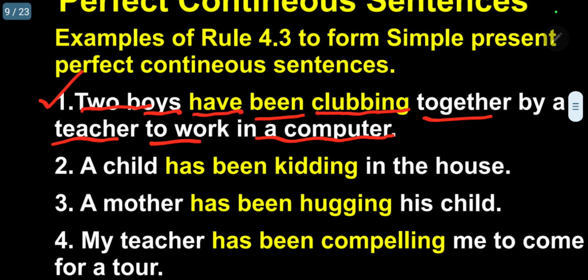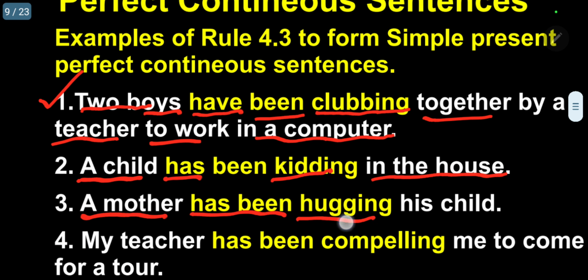In the same way, a child, singular, so singular verb has. A child has been kidding in the house. Kidding, double D, D-I-N-G. A mother, singular, has been hugging, embracing, hugging, G-I-N-G, her child.